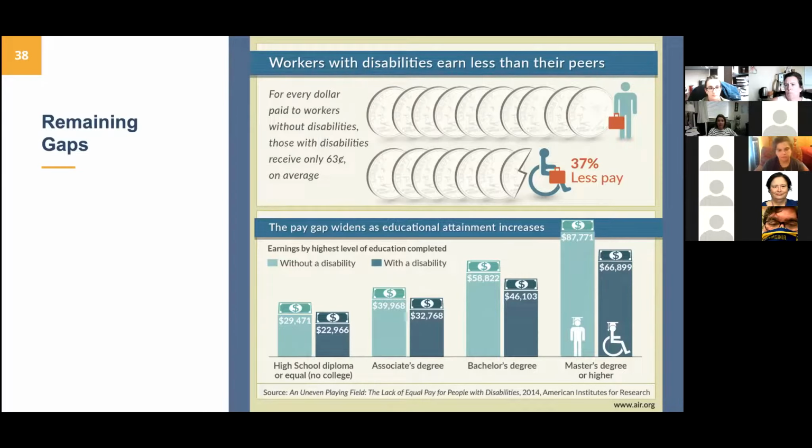It exists by education level as well. So in that second part, the light green is without a disability, the dark is with a disability. So a pretty big pay gap going in and as it continues. And then let alone, this is when someone gets an employment opportunity, it's hard to find those opportunities.